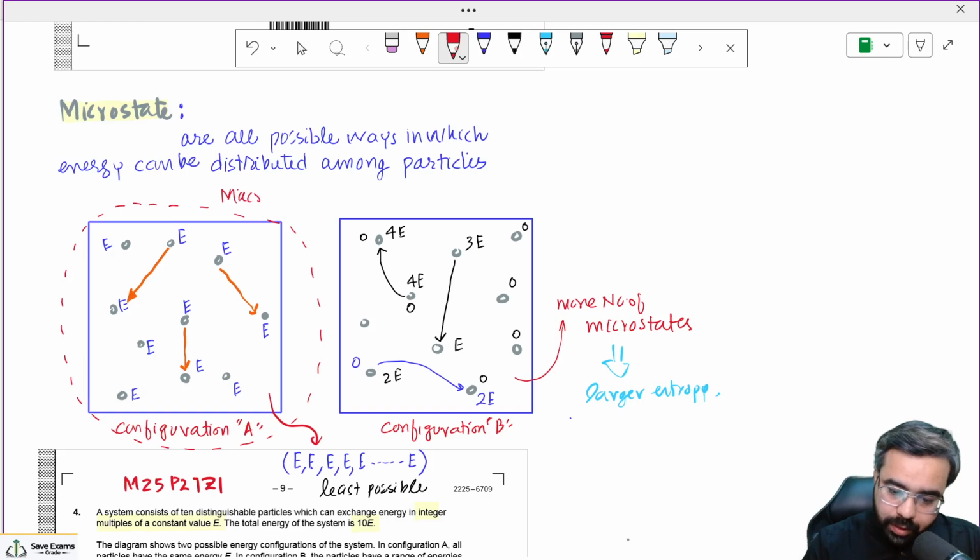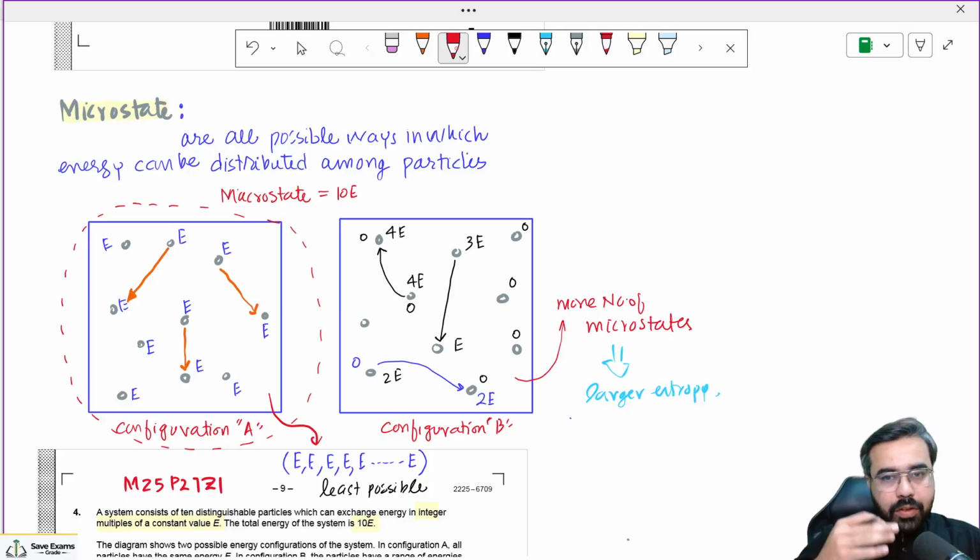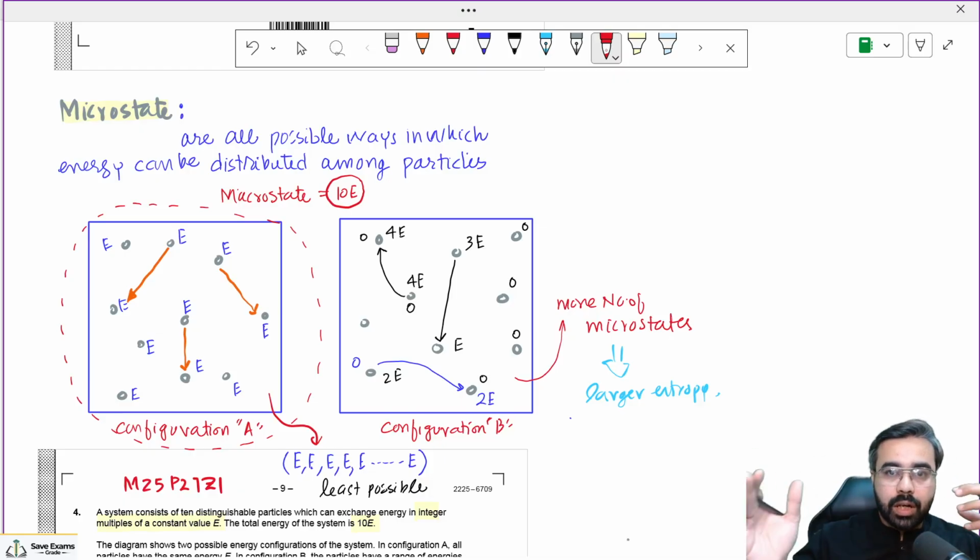What is a macrostate? Right now the macrostate is the total energy, which is 10E. No matter how the particles swap their energies, the total sum of energy is 10E. That's why the macrostate is the same, but configuration B can have many more microstates, more combinations in which the particles have different energies.